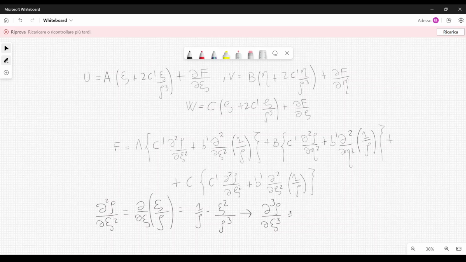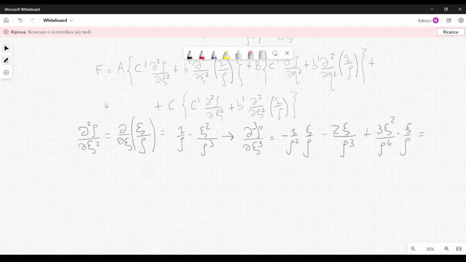So this is equal to the derivative of the second derivative, and therefore we can write minus 1 over rho squared times xi over rho minus 2 xi over rho cubed plus 3 xi squared over rho to the fourth times xi over rho, and this is equal to 3 xi cubed over rho to the fifth power minus 3 xi over rho cubed, like this.